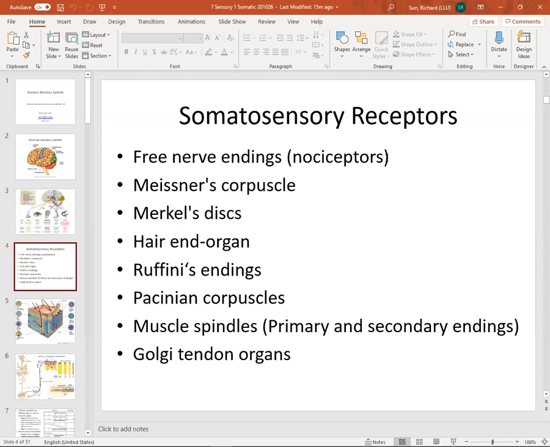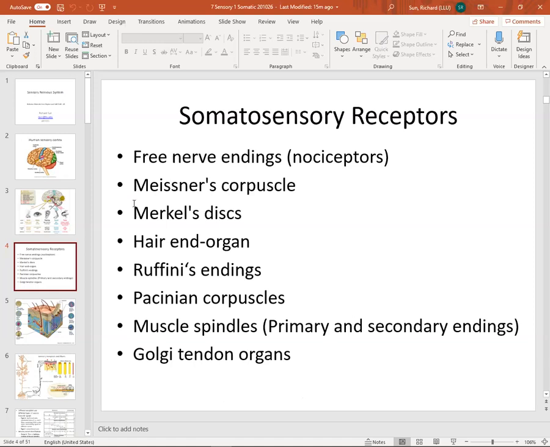Except for the free nerve ending, other somatic sensory receptors are all mechanoreceptors, meaning that they get stimulated via physical bending, physical touch, right? So that's that.